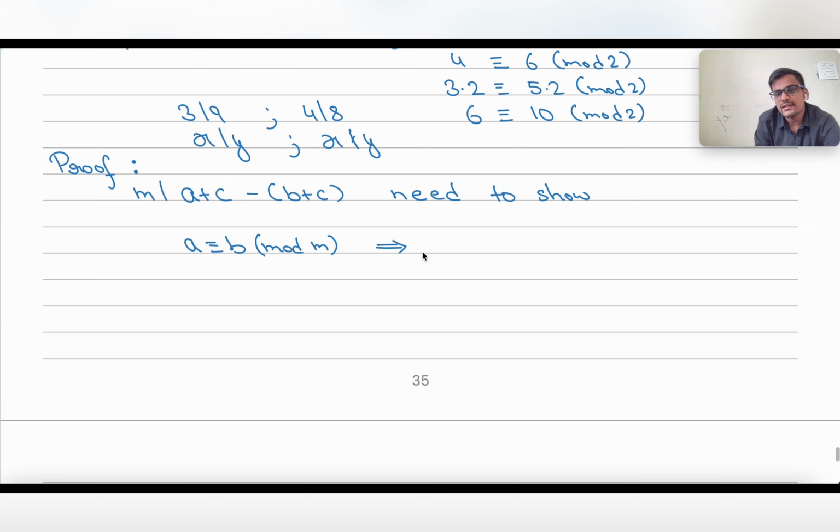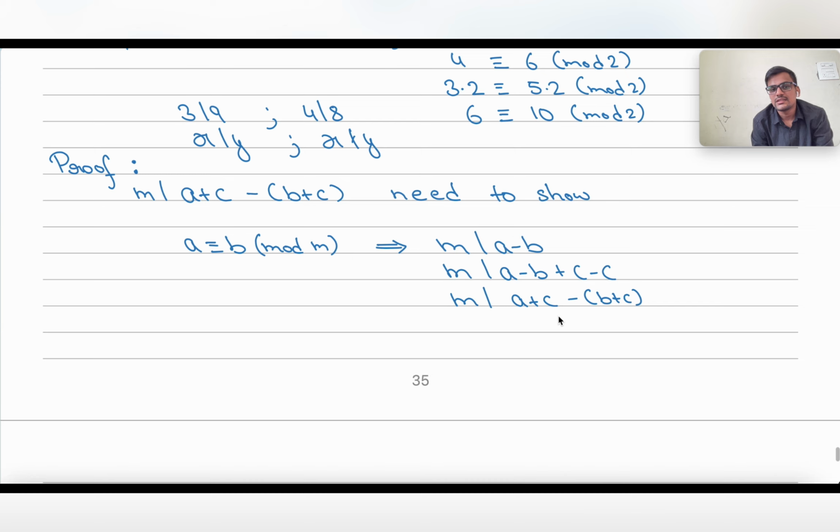So this will imply M divides A minus B. Got it? So this will imply that M divides A minus B plus C minus C also, right? We added a 0, so it will not change the divisibility condition. It means M divides (A plus C) minus (B plus C).